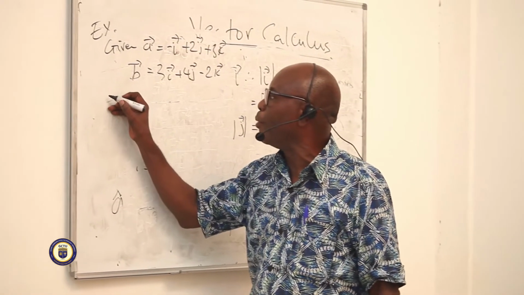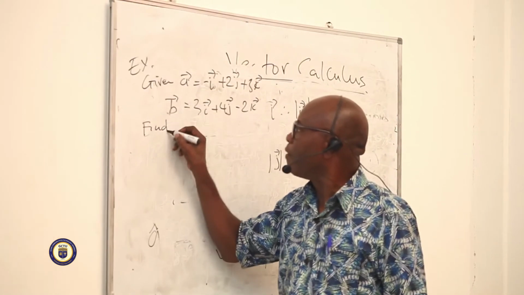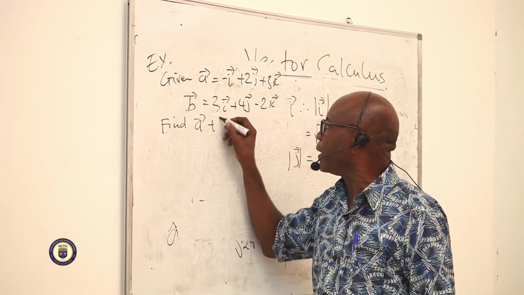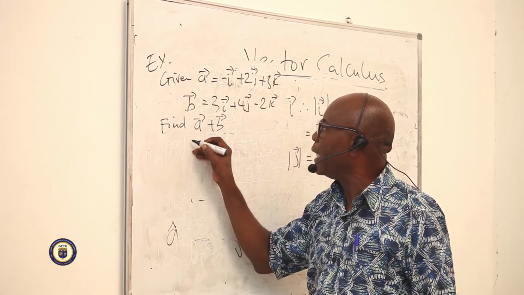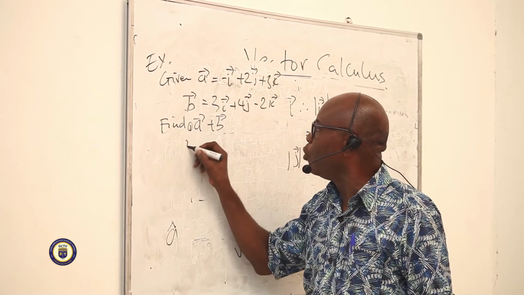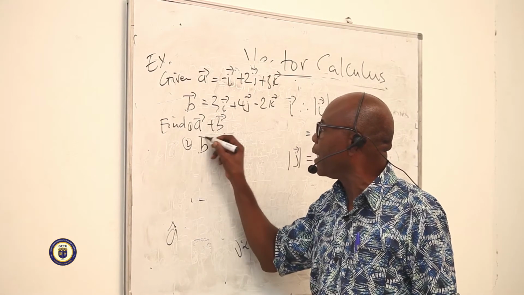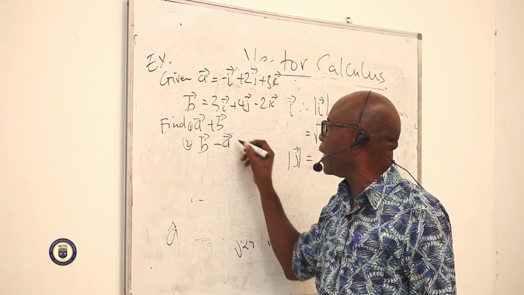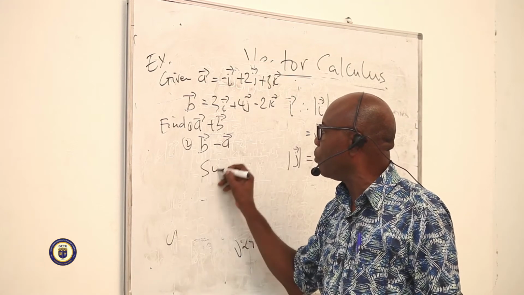So for example, 1, find vector A plus vector B, and then 2, find vector B minus vector A. So the solution will be like this.